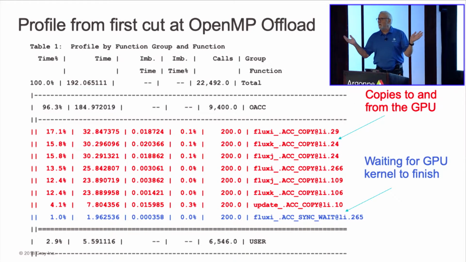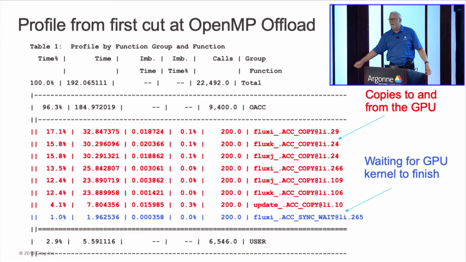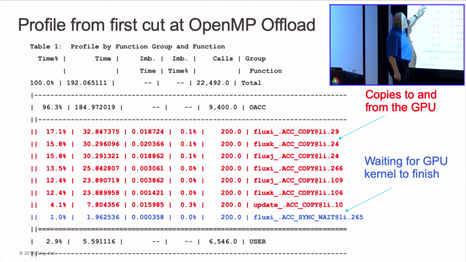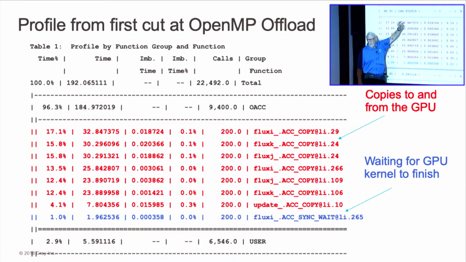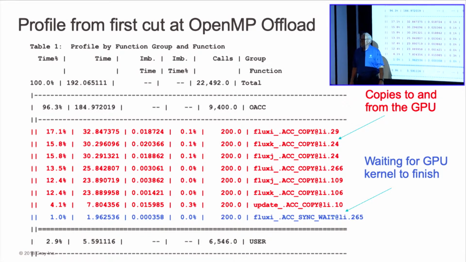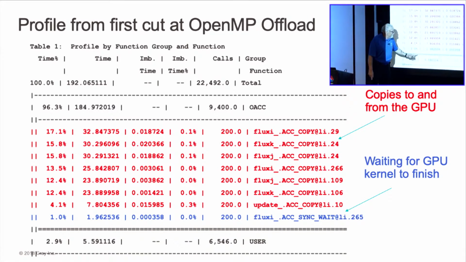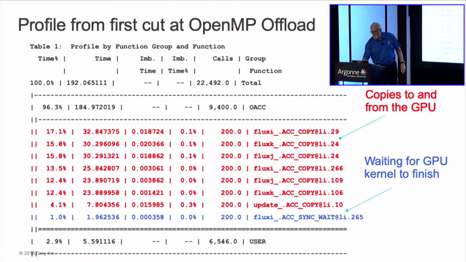And here's the profile from our first cut, where all we did was put in those target directives. It's running twice as slow, and all the time is spent in copies. Finally, down here, we have a kernel. You'll see that it's waiting for the kernel to finish.